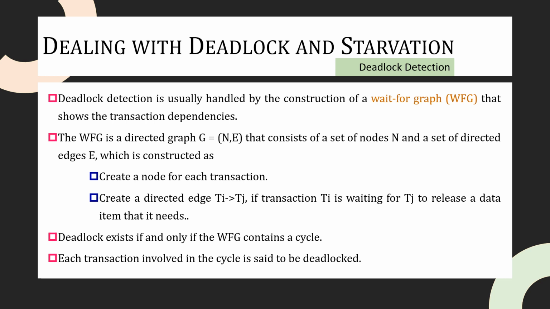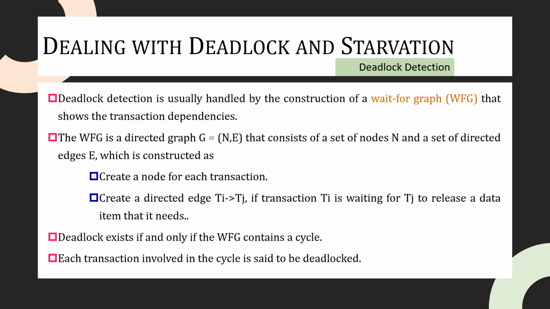We need to create a node for each transaction and create a directed edge from node Ti to Tj if transaction Ti is waiting for Tj to release a data item that it needs. If Ti is waiting for Tj, then create a directed edge from Ti to Tj.